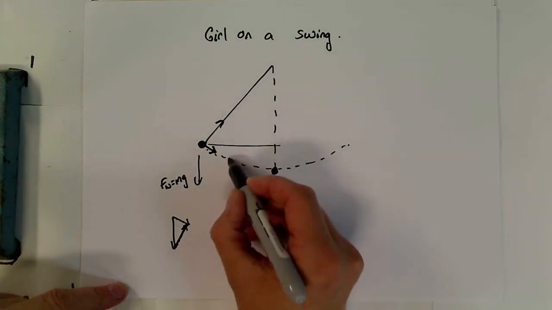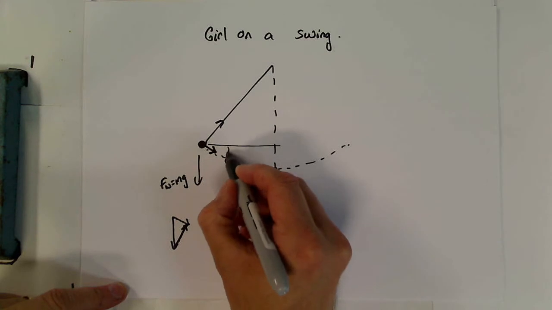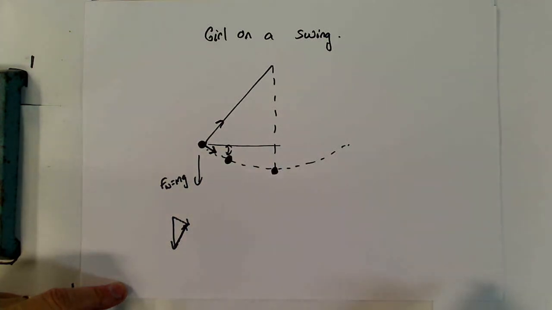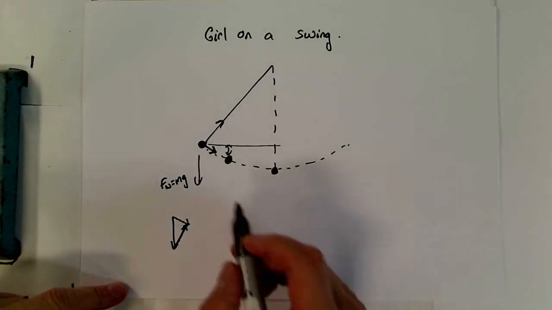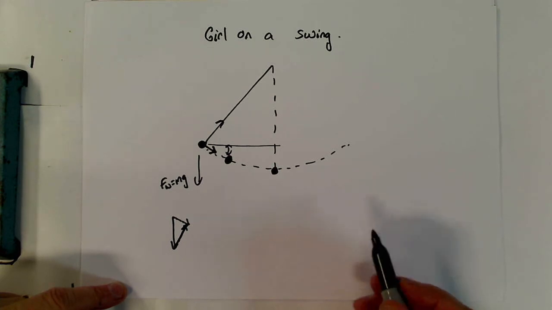As we come down, which is maybe the midpoint, we've lost a little bit of height and we've got some velocity. We now need a little bit more tension because the force needs to be greater to give us that centripetal acceleration.